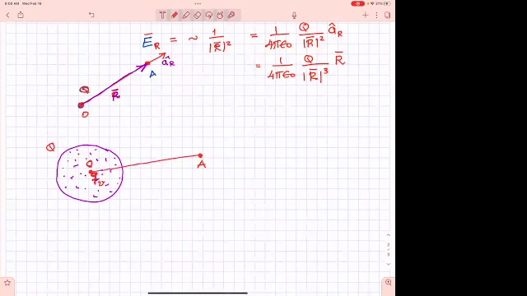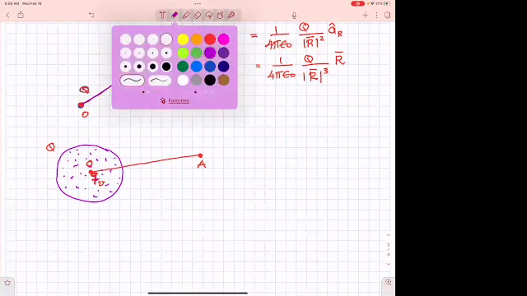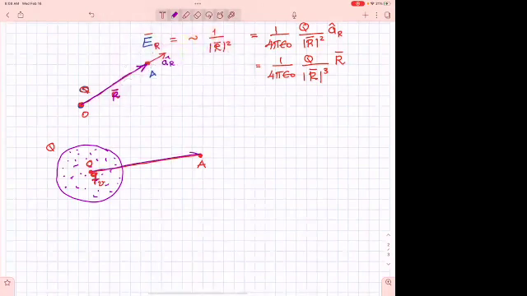Yes, thank you. This is again R. The field is going to be identical. That's the one thing you need to remember. The field at that point outside of the uniform charge is going to be 1 over 4 pi epsilon naught, Q, because this is the total Q, over the magnitude of R squared, and it's going to have the same unit vector along the radial direction.